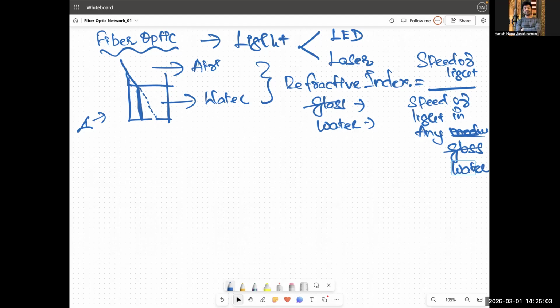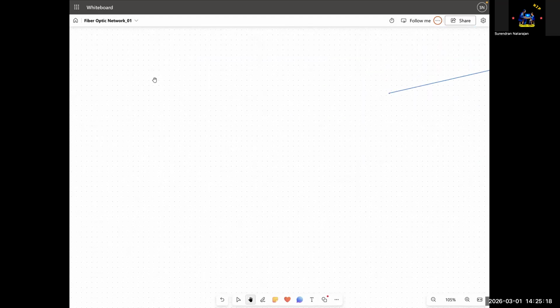In general, the refractive index of glass is equal to 1.33, denoted by sigma. So a glass refractive index of 1.33 means what?